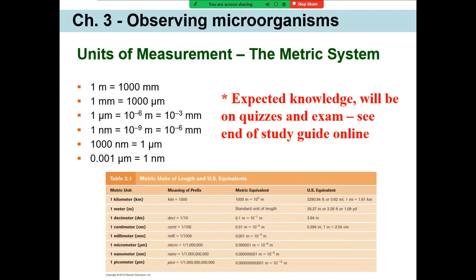And then there's a hectometer, which is 10 decameters or 100 meters. And then there's a kilometer, which is 10 hectometers or 1,000 meters. And like I said, you don't need to know the decameters and the hectometers, but you should know the kilometer and the meter and the centimeter and the millimeter and the micrometer and the nanometer. Any questions about any of that?